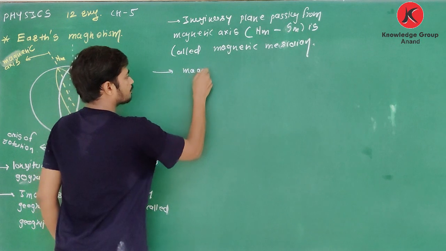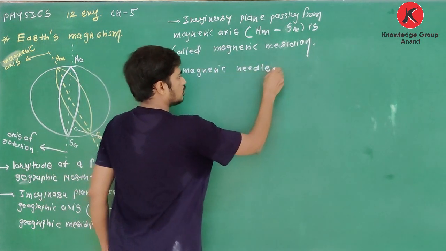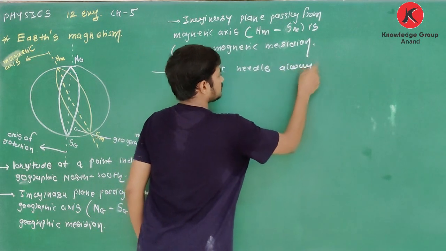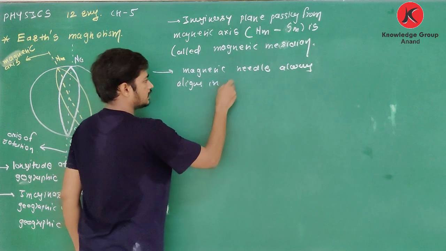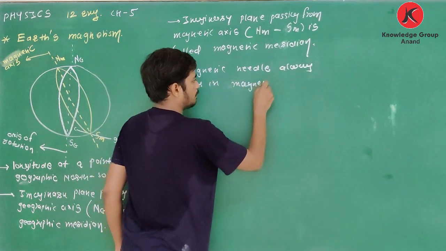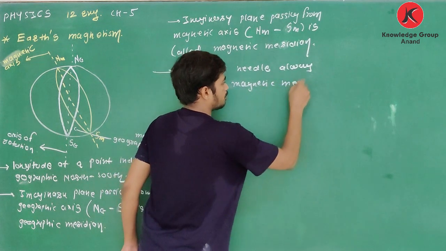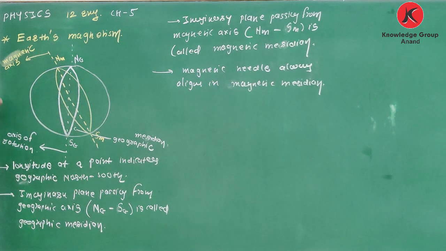A magnetic needle always aligns in the magnetic meridian. Clear about this? So these points you have to remember.